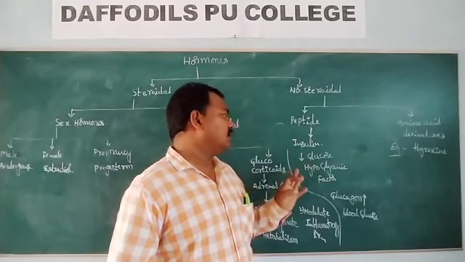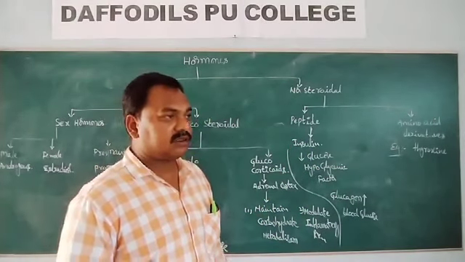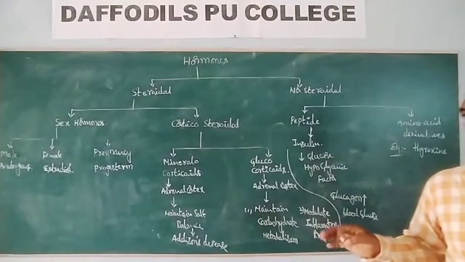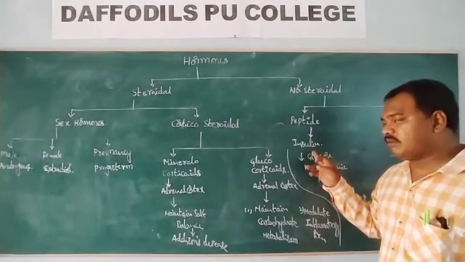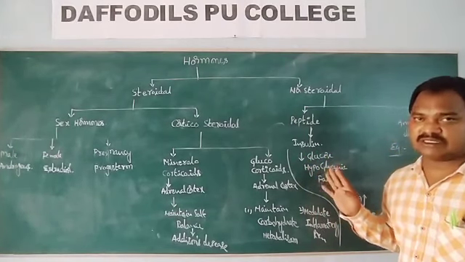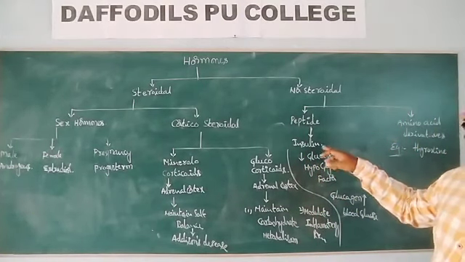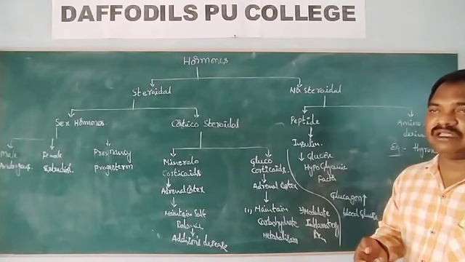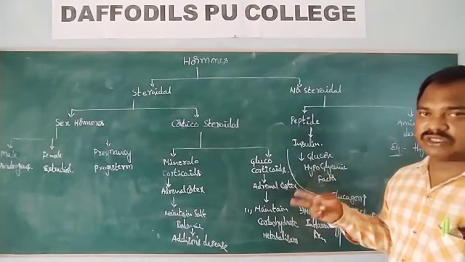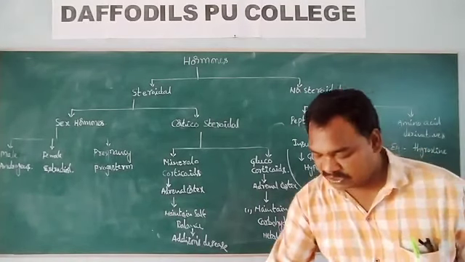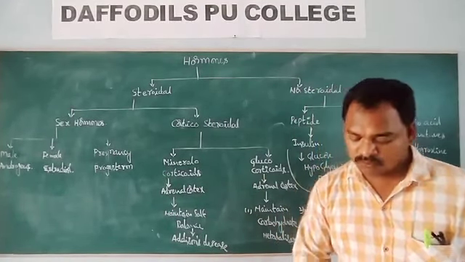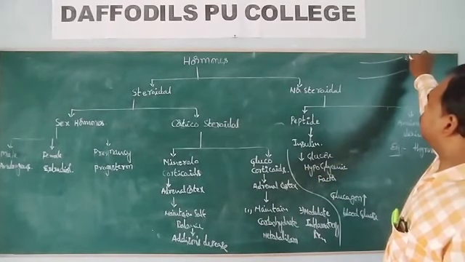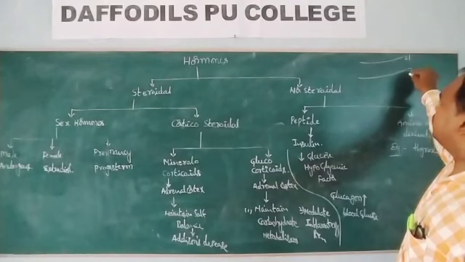Now come to the peptide hormones. Peptide hormones are polymers of amino acids. One example is insulin. In insulin, we can see two peptide chains. One peptide chain contains 21 amino acids.